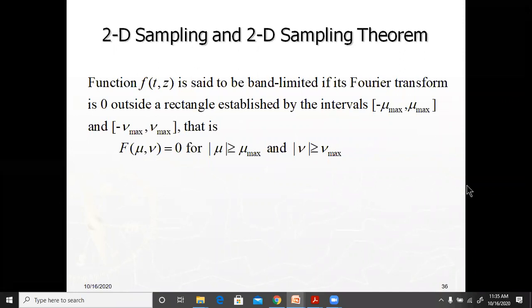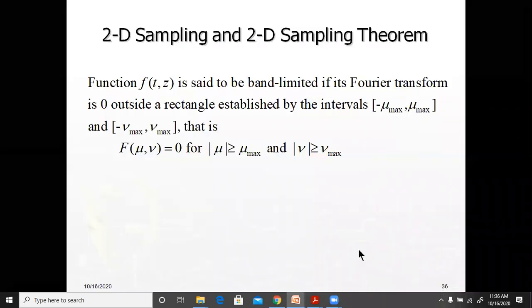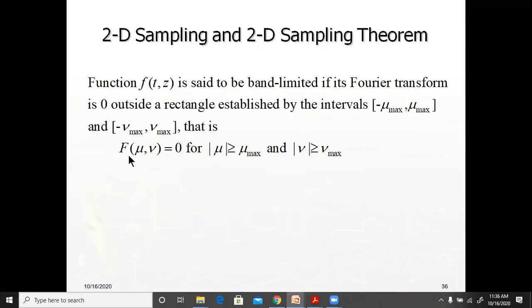Corresponding to the 2D sampling, we have the 2D sampling theorem. A function f of t, z is said to be band limited if its Fourier transform is 0 outside the rectangle established by the intervals minus mu max, mu max, and minus v max, v max. That is, F of mu, v is equal to 0 for mu greater than mu max and v greater than v max.